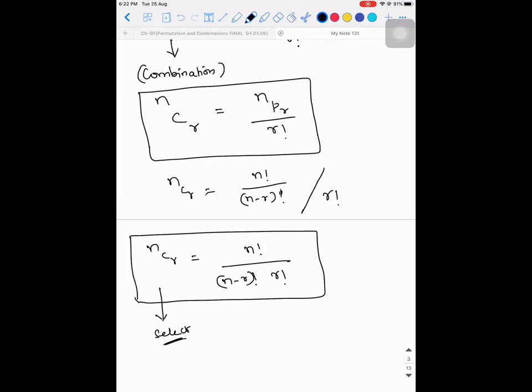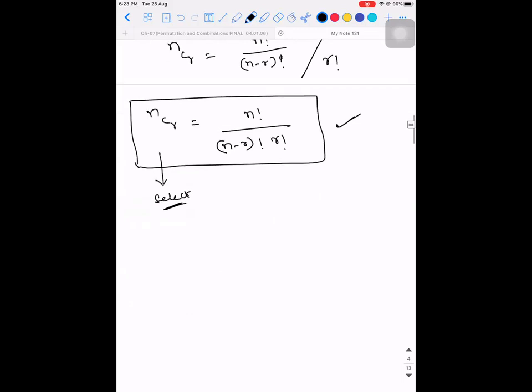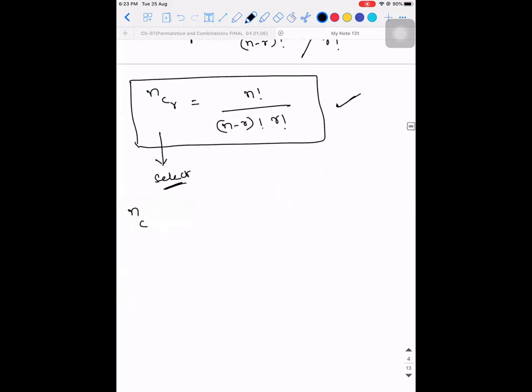Yes sir. So make a note of it. Going forward, this will be the formula. What is the meaning of nCr?